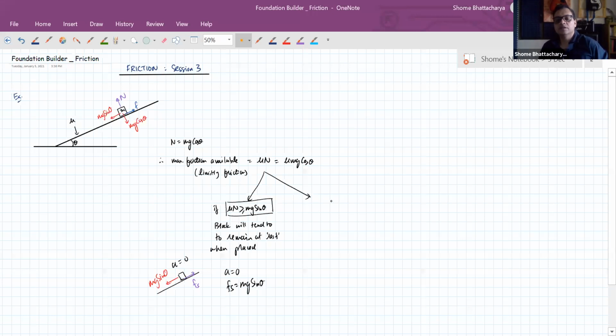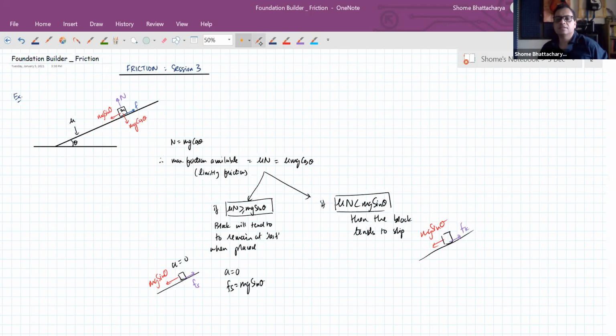Whereas if mu n is less than mg sin theta, then the block tends to slip. In that case, in the free body diagram, the type of friction acting becomes the kinetic friction, and the block has an acceleration down the inclined plane instead of acceleration being zero.